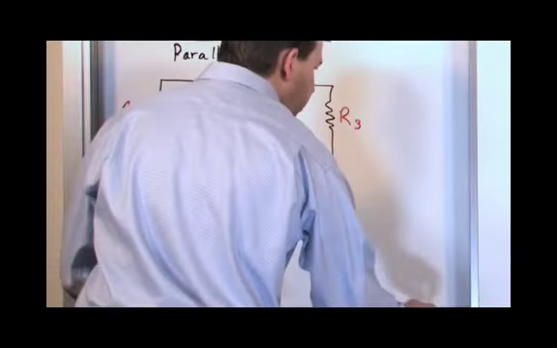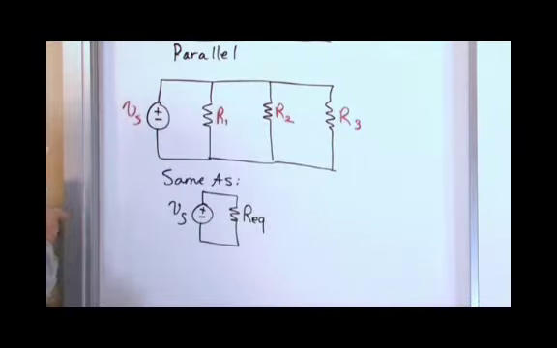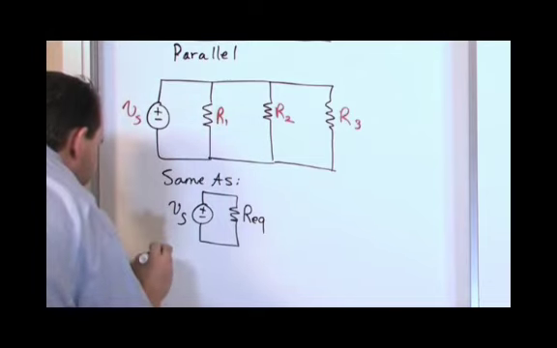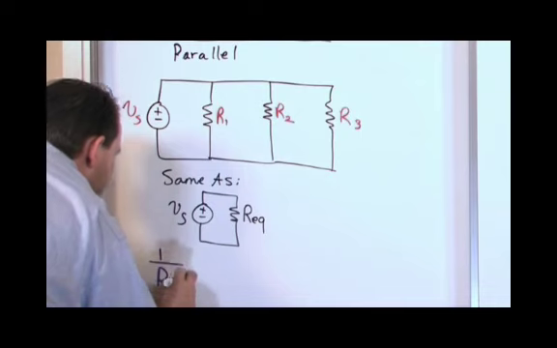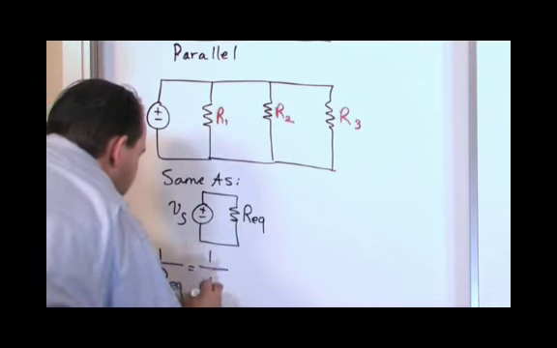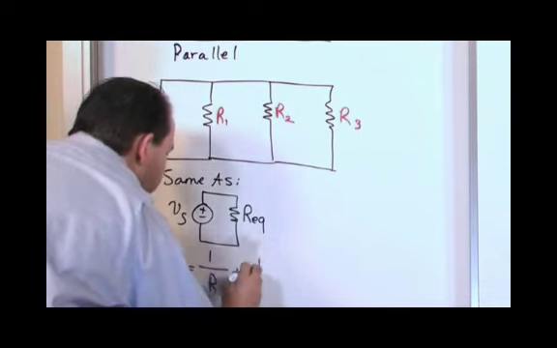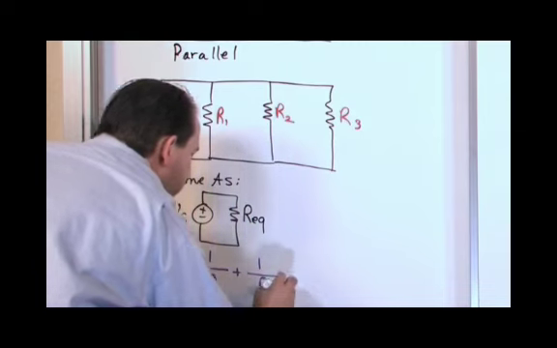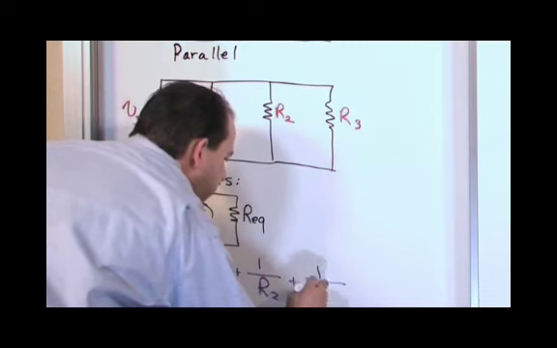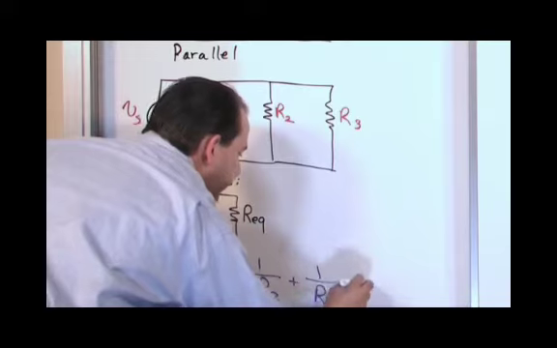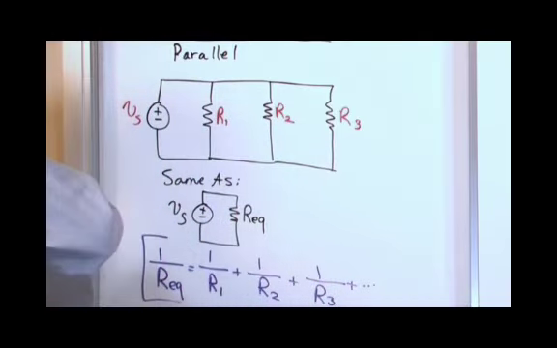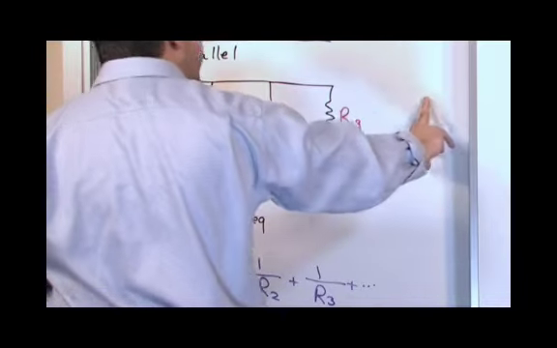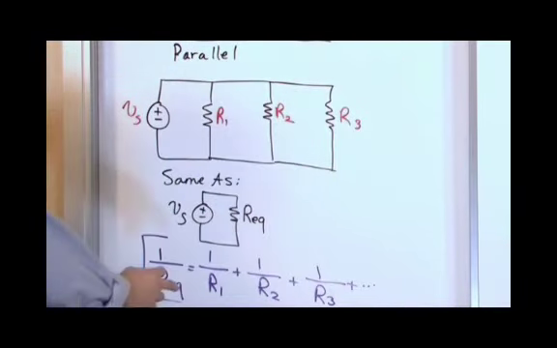Let me write it in another color. 1 over the equivalent resistance is equal to 1 over R1 plus 1 over R2 plus 1 over R3 plus dot, dot, dot. In this case, I only have 3 resistors, so I'm only going to write 3 terms. But if I had a 4th resistor, a 5th resistor, and so on in parallel, then I would just have more terms.